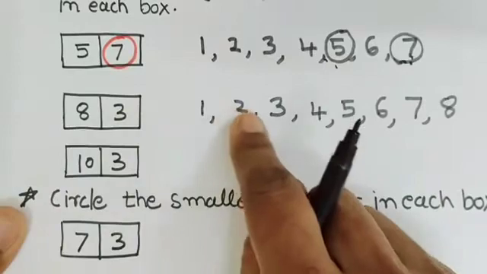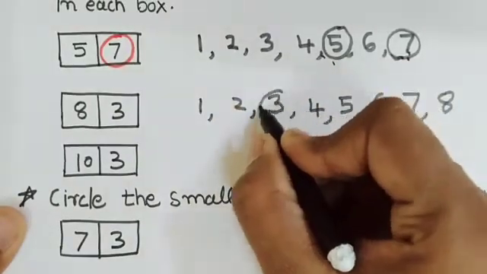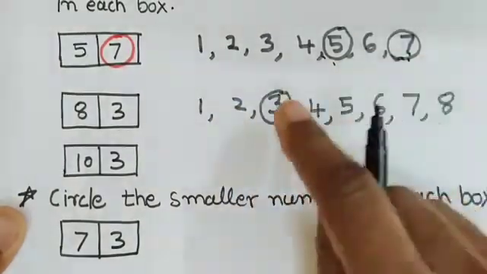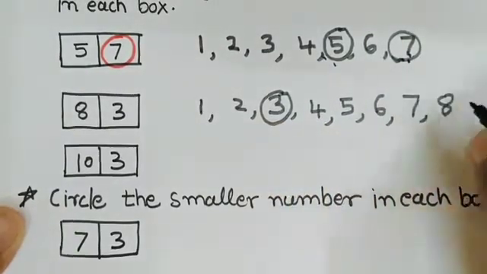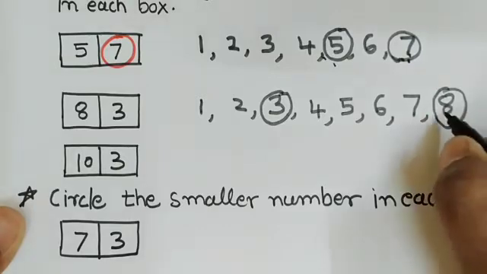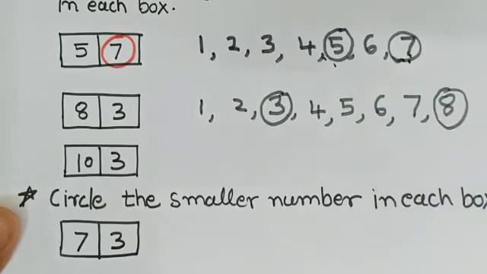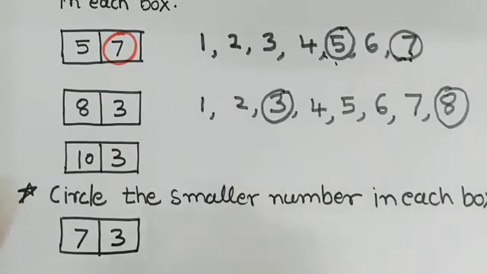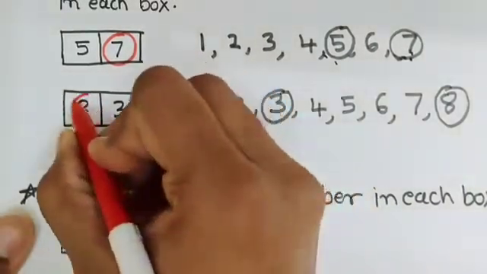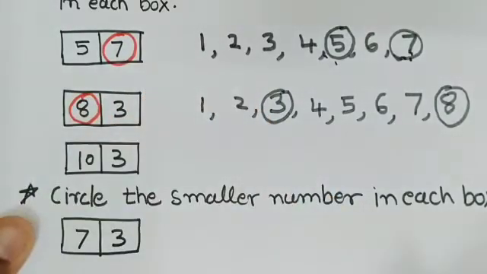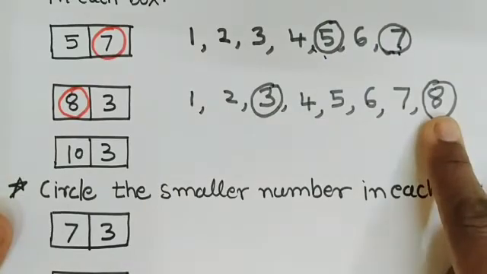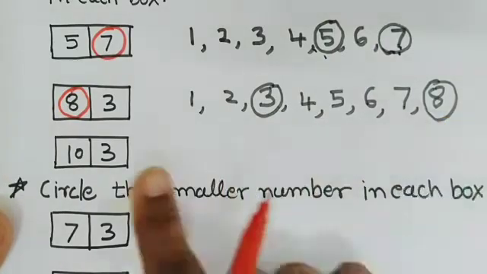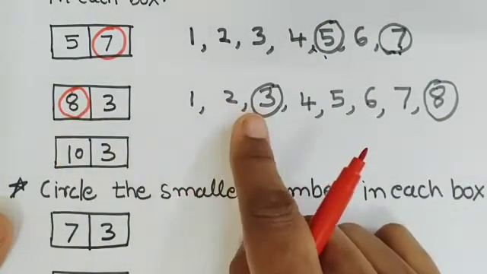Here 3 is coming first and 8 is coming afterwards. So which one will be the greater number? Yes, 8 is coming afterwards. So 8 is the greater number here. So I hope children you understood that the number which comes afterwards is greater than the one before.